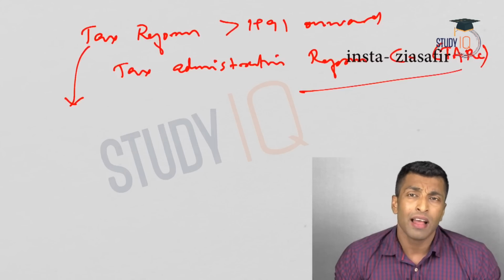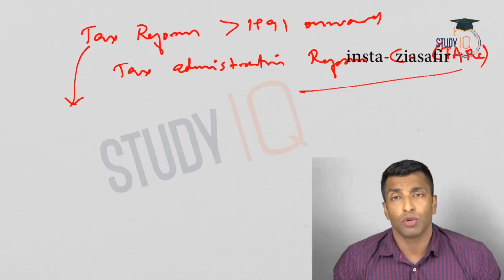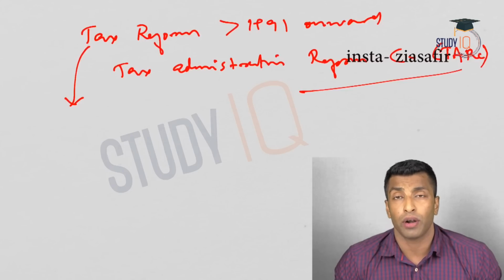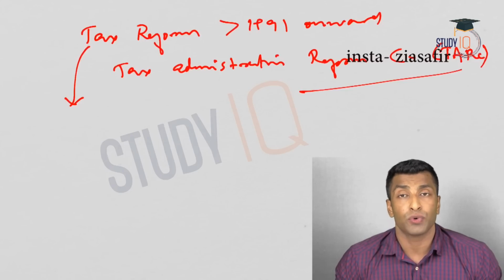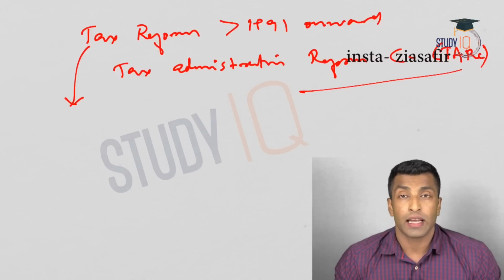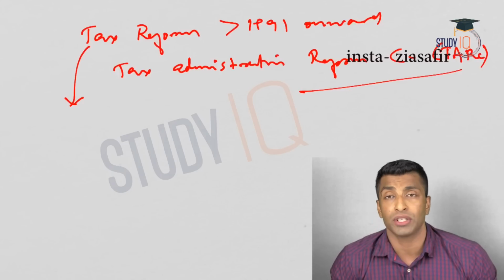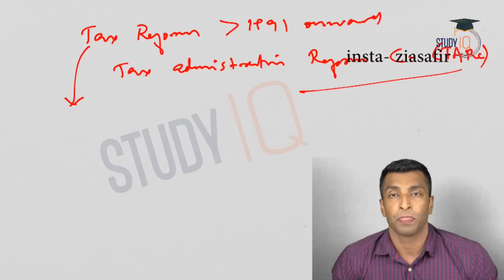So I'll be talking about that. And then later, one more committee we need to discuss, that is the Kelkar committee. Basically that is a task force on direct taxes and a task force on indirect taxes. There were 2 committees, that's what we call the Kelkar committee, and we'll discuss that. And then we'll go to the Tax Administrative Reform Commission, and we'll see the recommendations also.